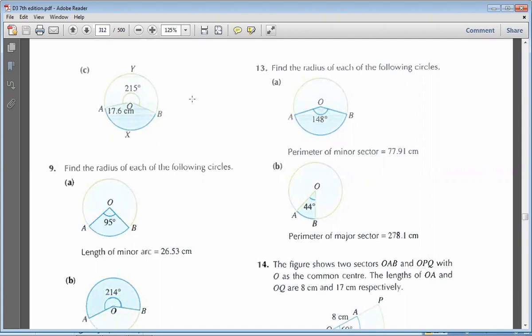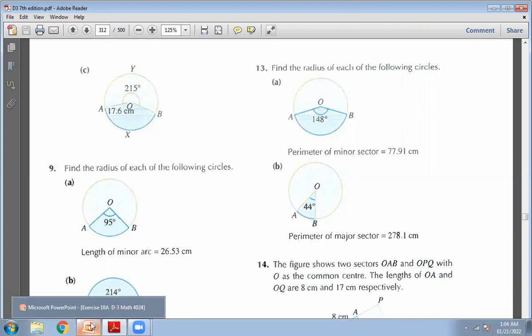So first of all, I will have to find out the angle subtended by the arc AXB at the center, and that will be 360 minus 215. And then very easily I can find the length of the minor arc. And the second part of the question is find the perimeter of the major sector, and that will be radius plus the major arc. So let me show you how this is done.